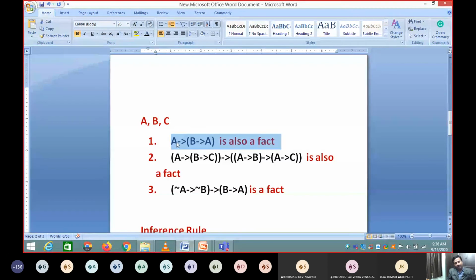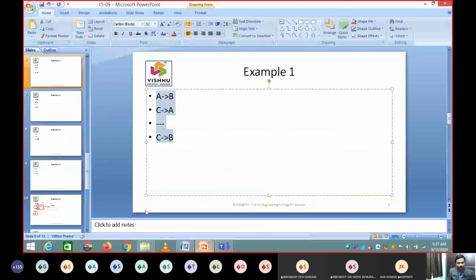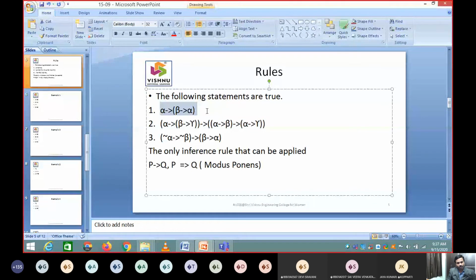When A, B, C are some facts, then this is to be a fact. At this moment, I just have the first step like this. I will take A to B as alpha. I'm just using the same nomenclature that was used in the textbook now. This is what the textbook says.